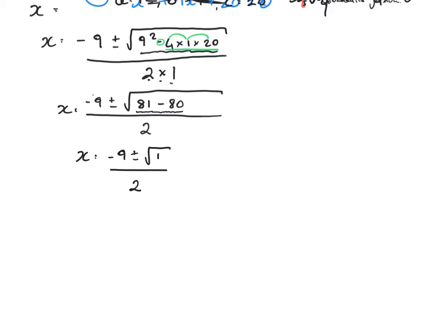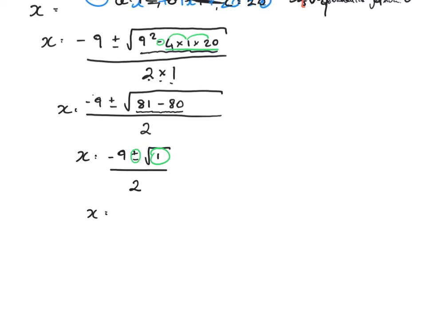Now at that point I'm just going to concentrate on this plus or minus. What that does is split things up. So what that says is you get minus 9 plus the square root of 1, or minus 9 minus the square root of 1, all divided by 2. But I suppose we could just take care of that square root of 1 just now as well.